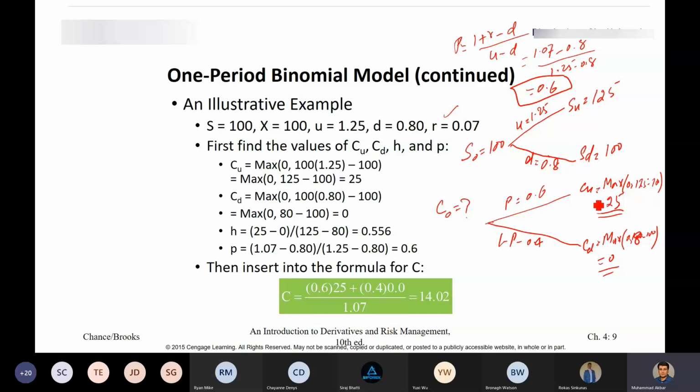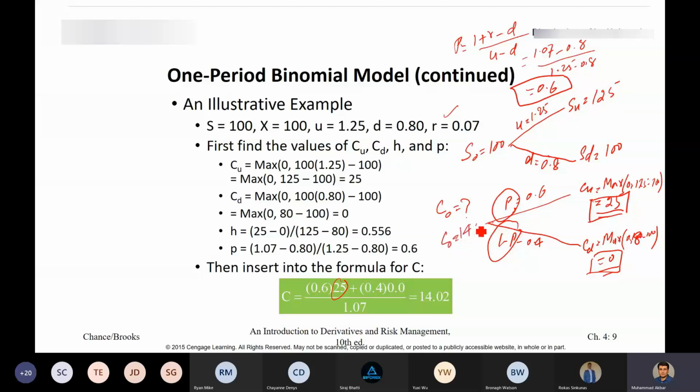So we just need to calculate the present value of these future cash flows, multiply them by their respective probabilities, and discount them at the risk-free rate to get the value of the call, which in this case is 14.02. And because we are using 7% here, it means we are assuming that it is a 1 year period. So if you want to purchase the call today, what price should you be paying?